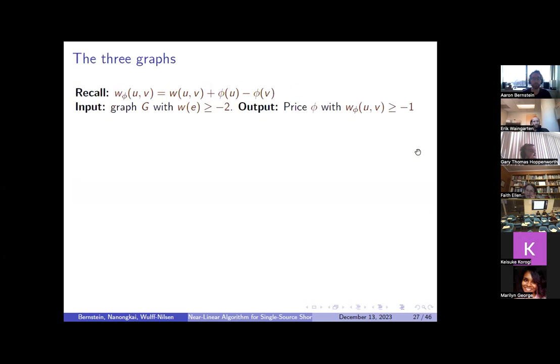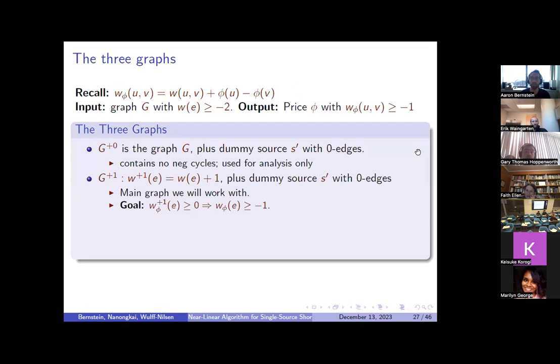Okay, so to recap, we start with a graph where the most negative edge weight is -2. We want the new graph where it's -1. And we're going to use three kinds of graphs. G+0 is just the original graph with a dummy source. We're basically only going to use that for analysis. The main graph we work with is G+1, which is the original graph where you added 1 to all the edge weights. And the goal is to find a perfect price function for G+1, where everything becomes non-negative.